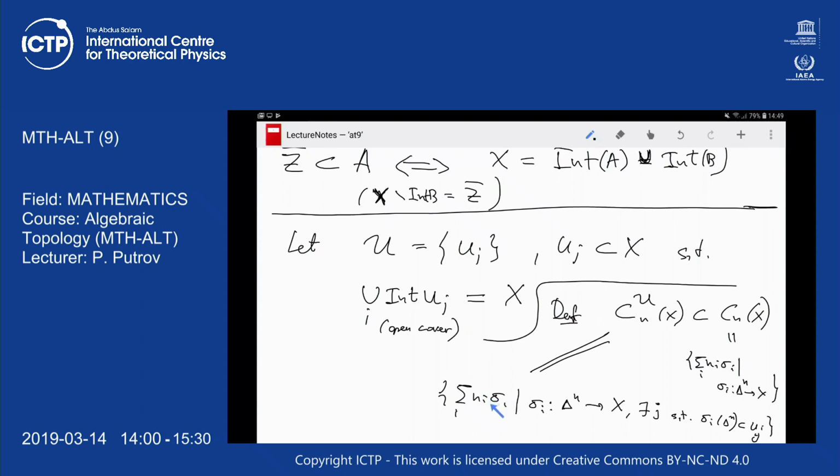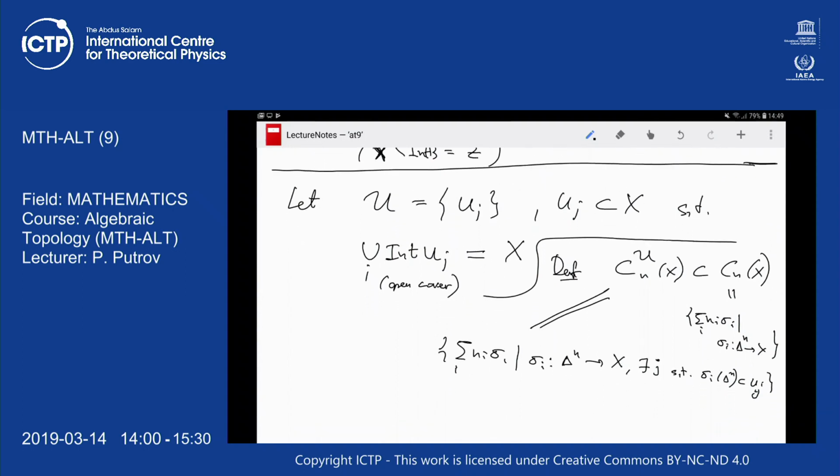So in other words, each term in the sum is a singular simplex which is completely contained in one of these U_j's. And this is naturally an abelian subgroup in this abelian group.